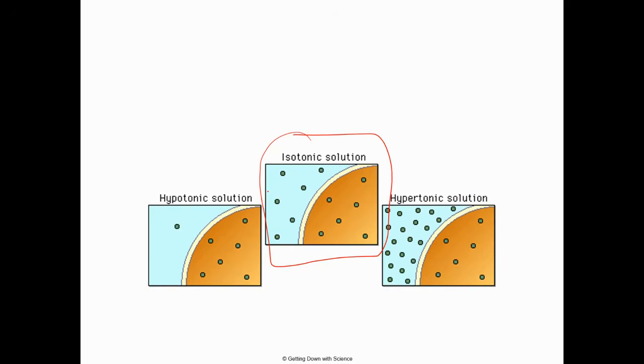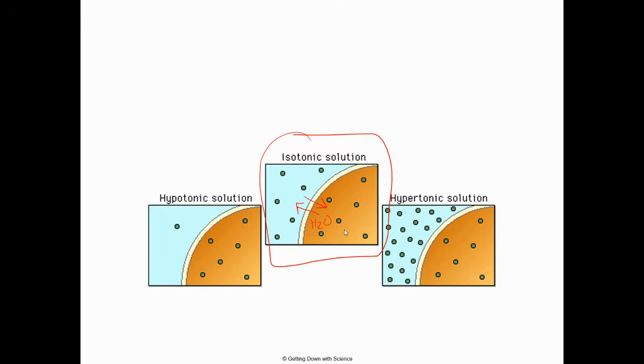So the solutes inside and outside are equal, which would mean water is going to be moving into and out of the cell equally. I realized I said that backwards when I drew the arrow. Sorry. Outside of the cell and into the cell equally for water. So that's an isotonic solution.